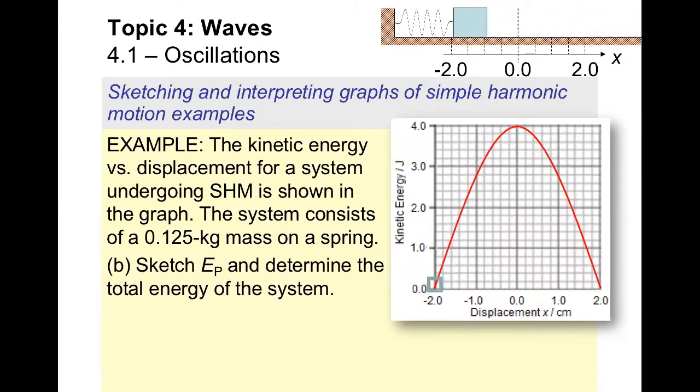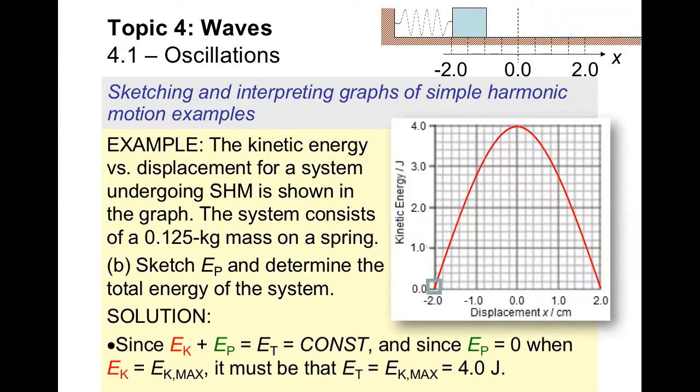How about the next question? Sketch the potential energy and determine the total energy of the system. We know that the potential energy plus the kinetic energy is equal to the total energy, and we know the conservation of energy, which means that energy cannot be created nor destroyed, it just changes from one form to another.